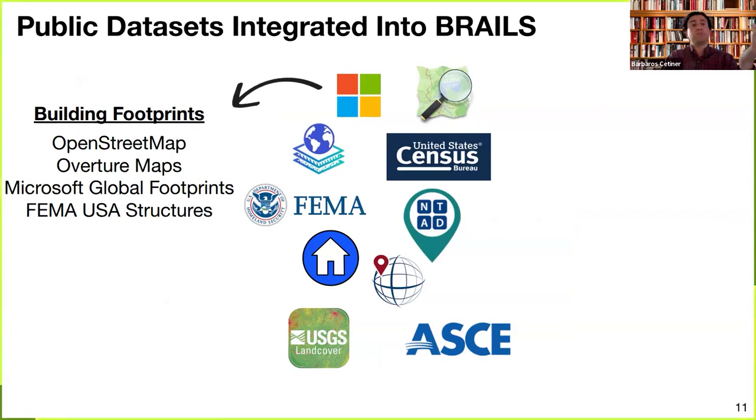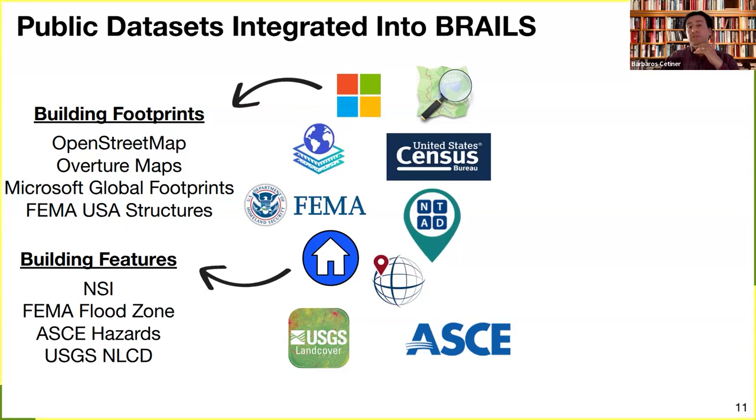We're able to capture building geometry from OpenStreetMap, Overture Maps, Microsoft Global Footprints, FEMA USA Structures, and not just the geometry. If they have an attribute that will be relevant to natural hazard studies, Brails is able to pull that in automatically, and process it in a way that will be meaningful for natural hazard studies as well.